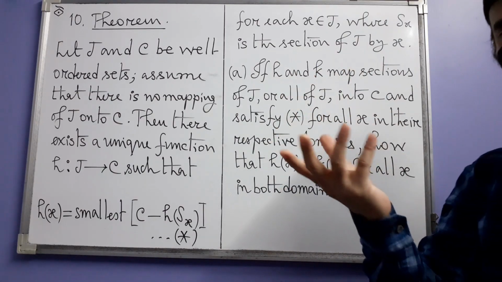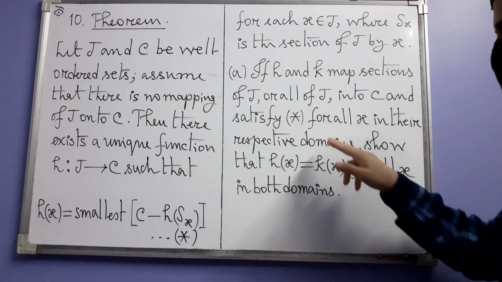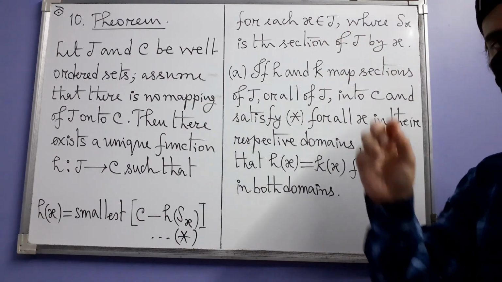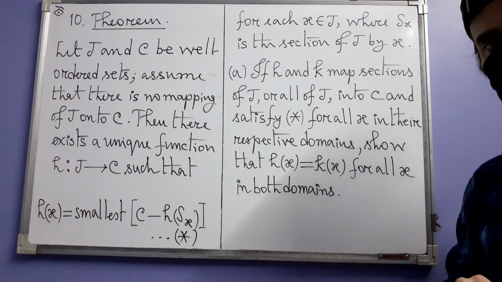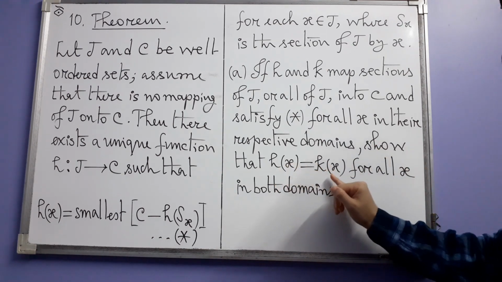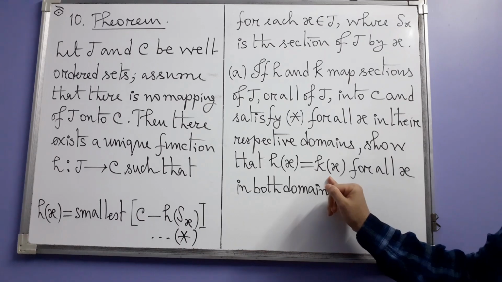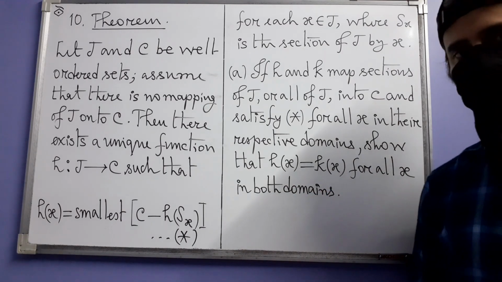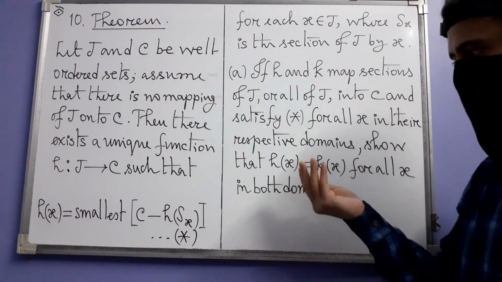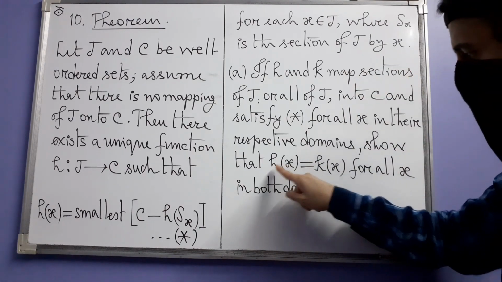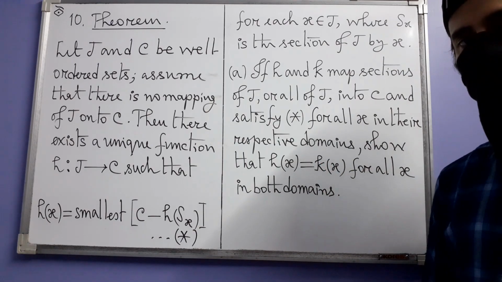They will have, each one will have its own domain. So if this star is satisfied by both of them for all x in their respective domains, then we have to show that h of x is equal to k of x, for all x in both the domains. That means for those x that belong to both the domains, these two will be equal.